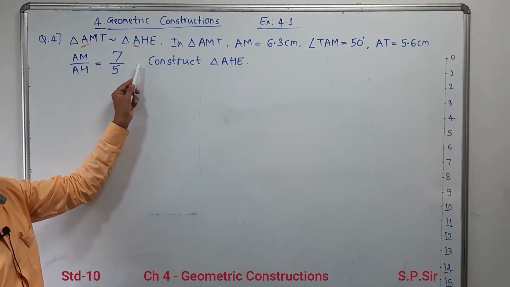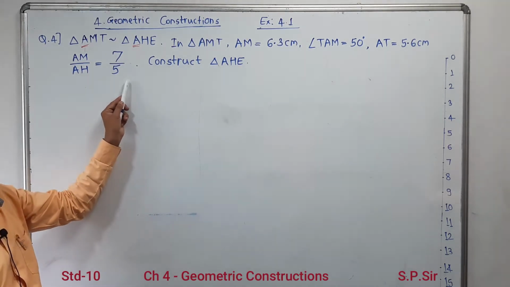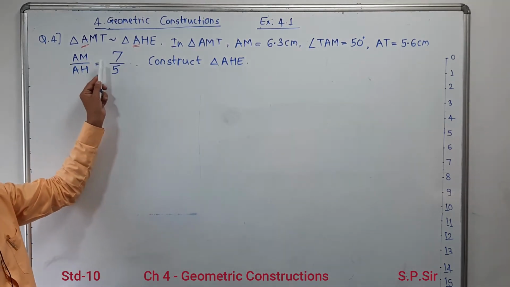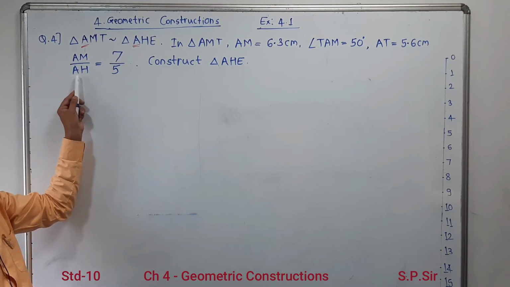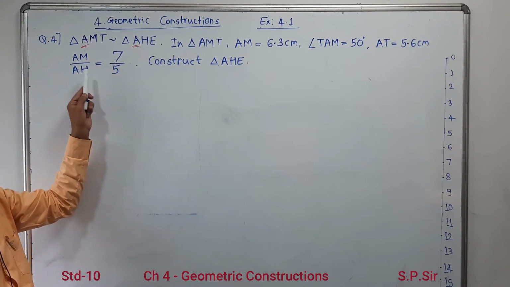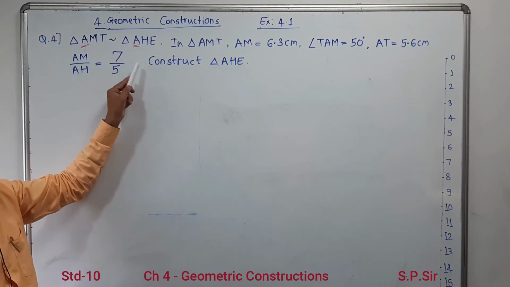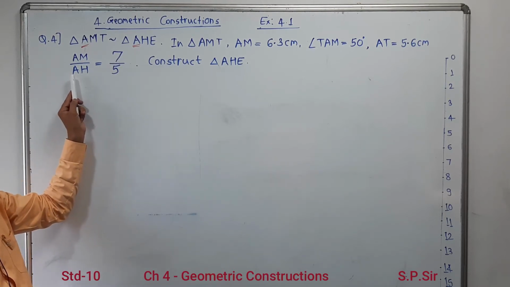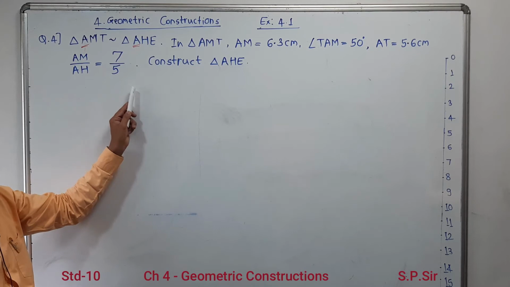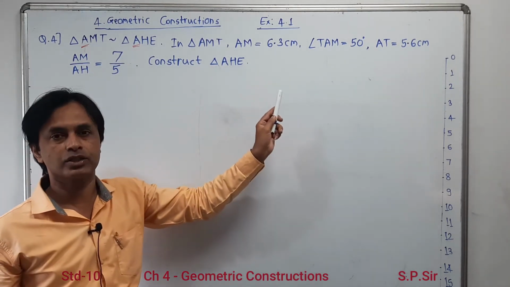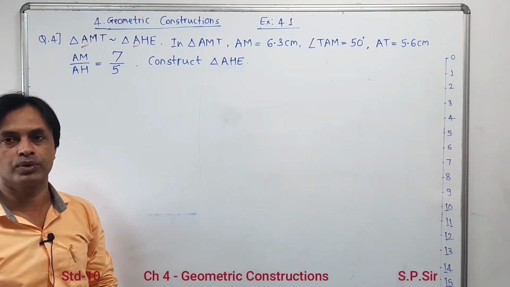If AM is 7 times, then AH is 5 times. In short, triangle AMT is 7 times, then triangle AHE 5 times. It indicates that your triangle AMT is larger in size and your triangle AHE is smaller in size. Construct triangle AHE. Remember, this is the part over here.